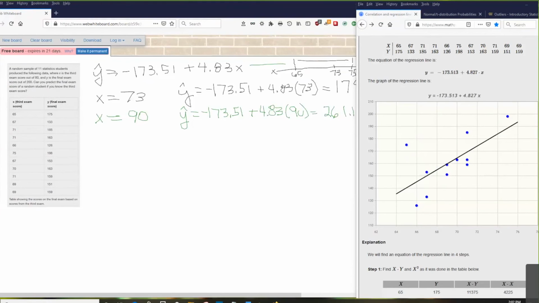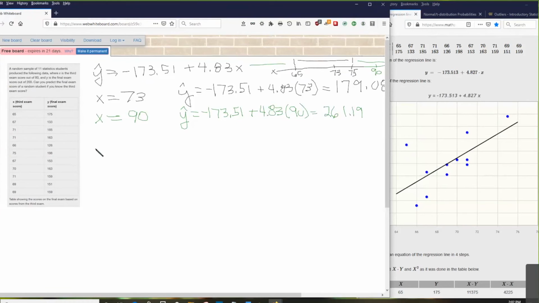So let's say we have this. We've got our main line, and we have all our points. Graphically, we could make a parallel line above and below that's 2 standard deviations, and then just look at anything that's above or below those lines, which would be considered outliers.